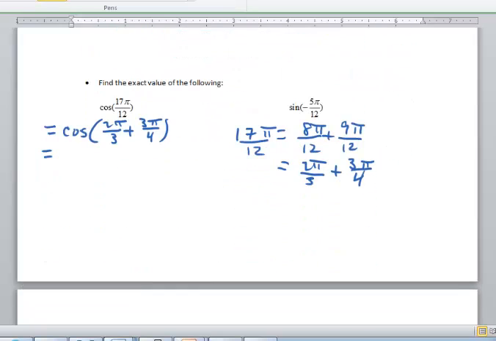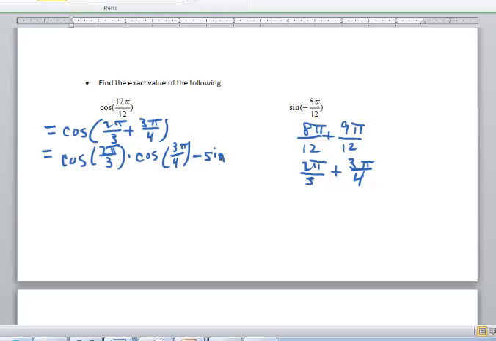So this is going to get rewritten as the cosine of 2 pi over 3 times the cosine of 3 pi over 4 minus the sine of 2 pi over 3 times the sine of 3 pi over 4.